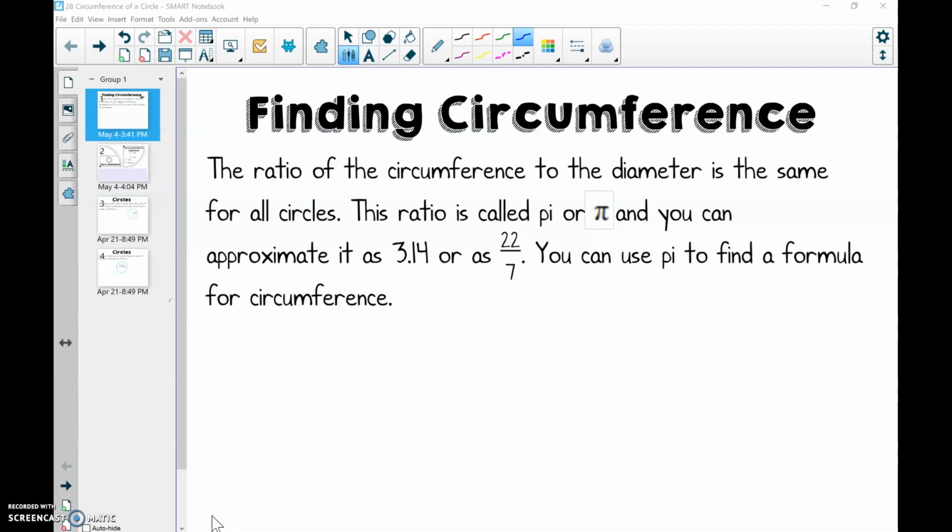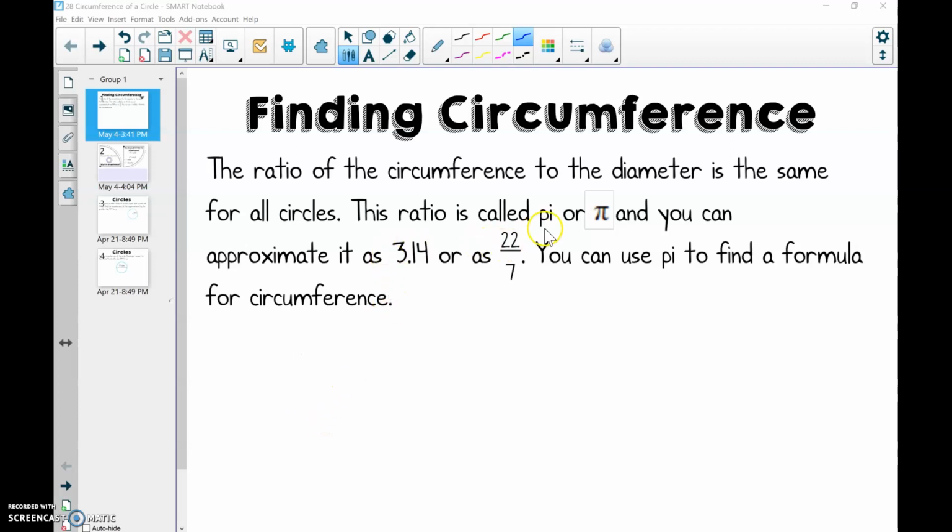So remember, when you're finding the circumference, the whole reason this idea of pi came up, which you've heard about before but never really knew where it came from, is that it is the ratio of the circumference to the diameter for all circles, right? They all come out to be right around this pi if we can measure it exactly.